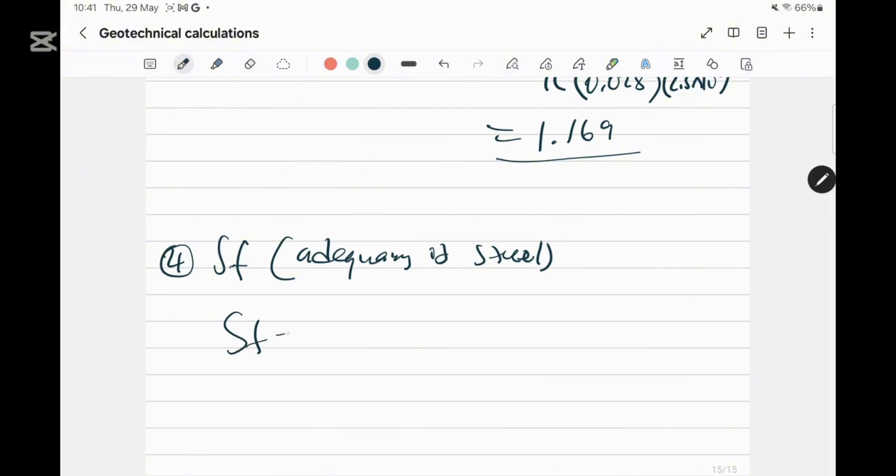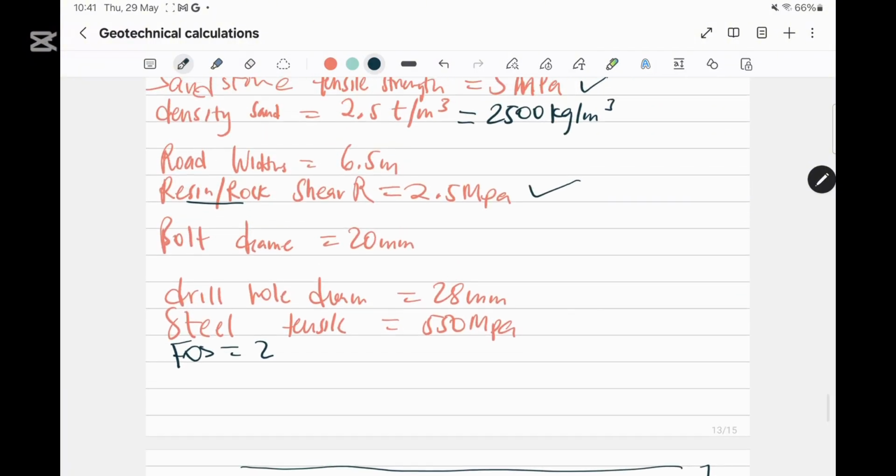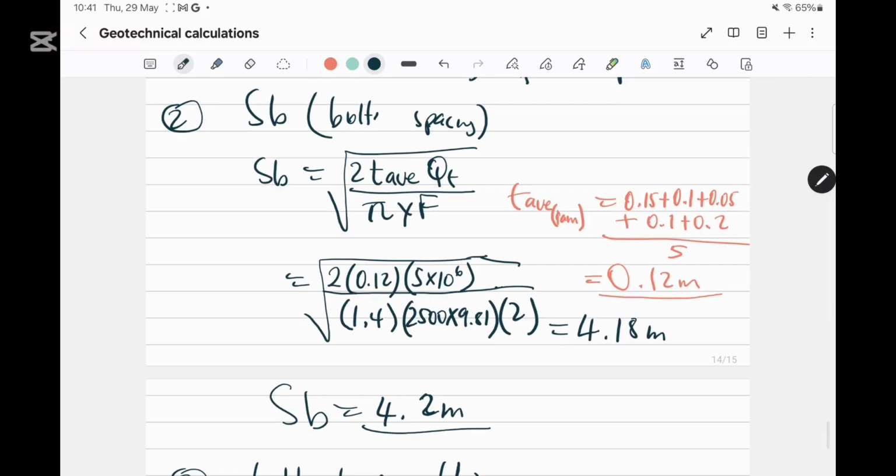So now your SF is equal to the diameter of the bolt times the square root of pi QB over 4F, then this TLM. The diameter of the bolt was given as 20, so it's 0.02.